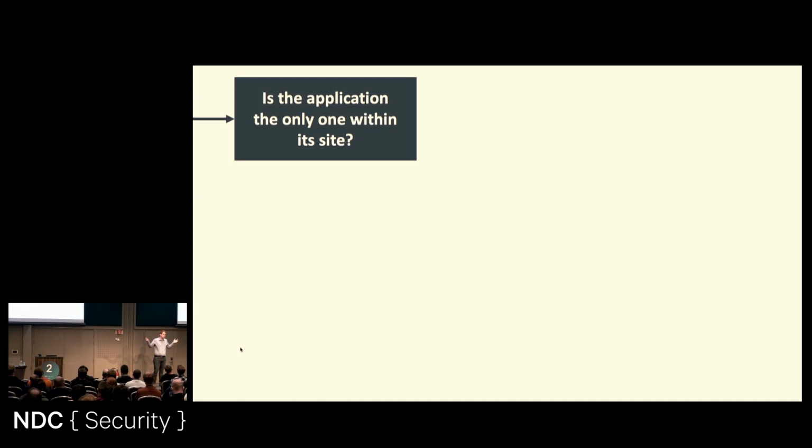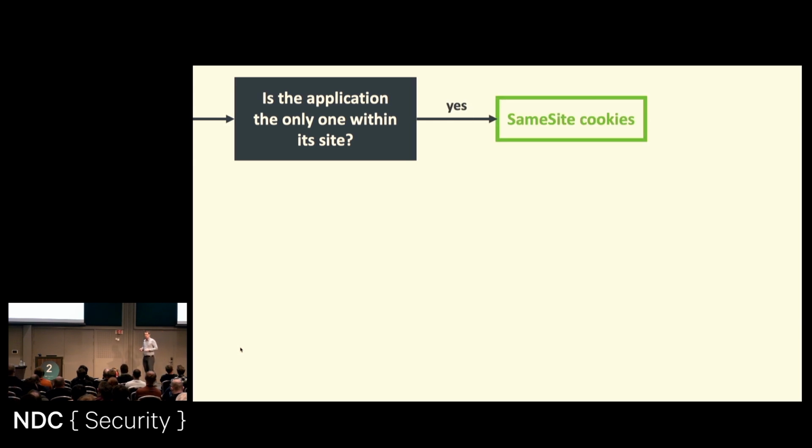There's never going to be a second same-site property. Then you can use same-site cookies. Why not? But only if you can guarantee that there's nothing ever same-site that might be controlled by the attacker. And the application itself doesn't count, because if the attacker can control the app, well, CSRF doesn't matter.